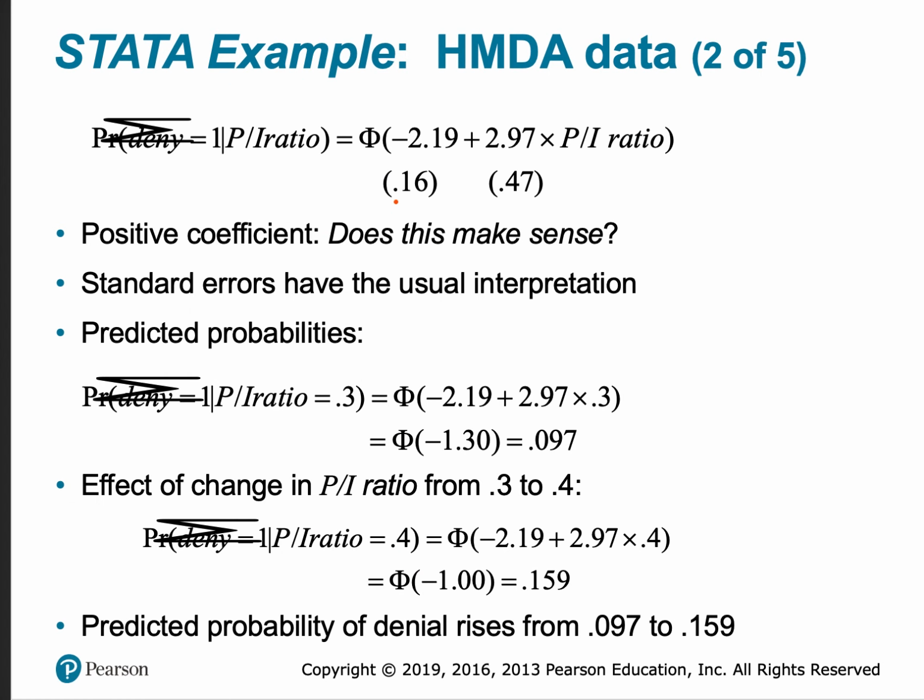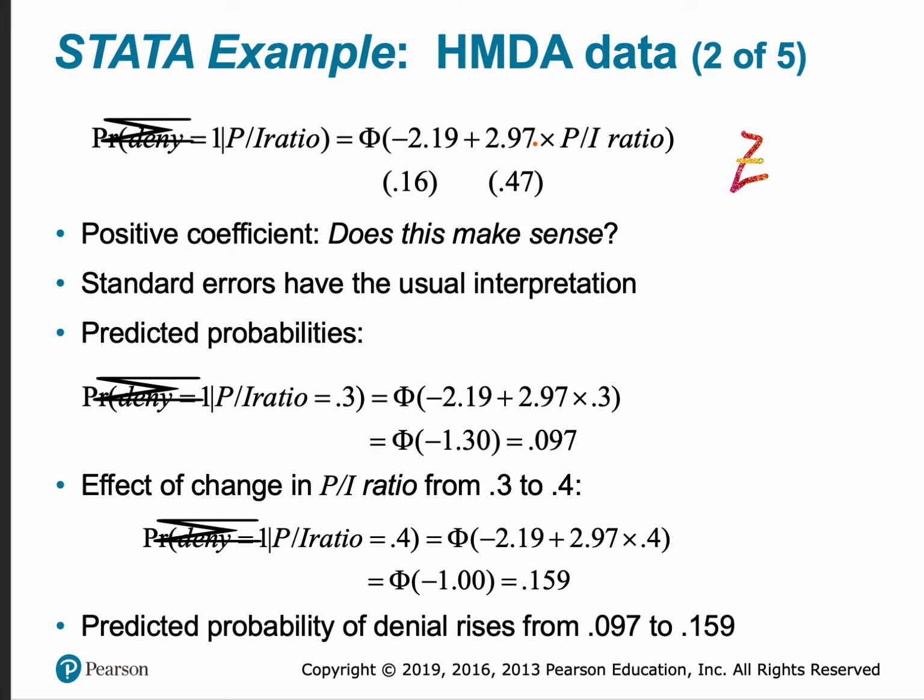Does it make sense that we have a positive coefficient, so that the probability of deny is higher with a higher payment to income ratio? In other words, it does make sense because our z will go up as the payment to income ratio goes up, so the predicted probability goes up given that we have a positive coefficient.